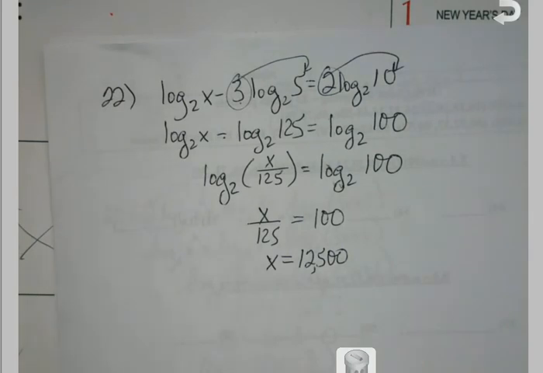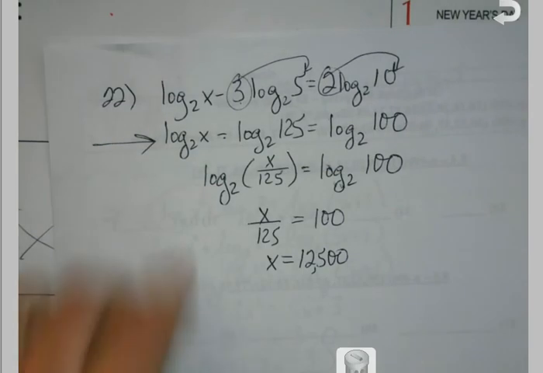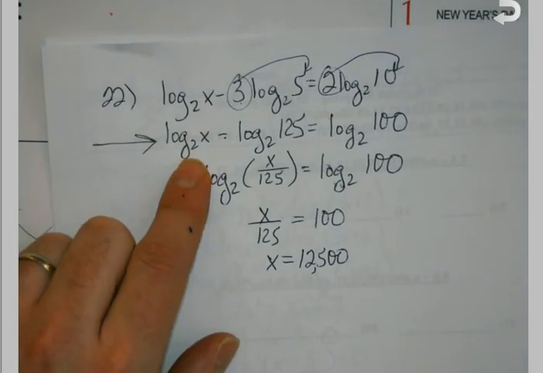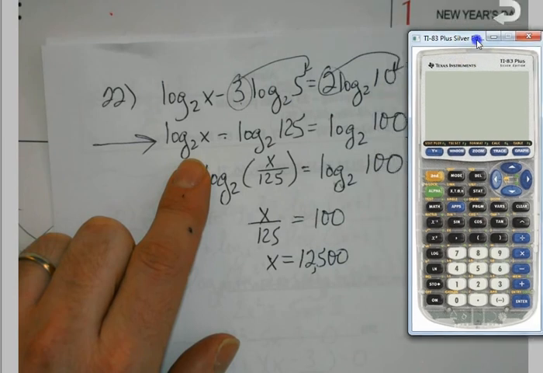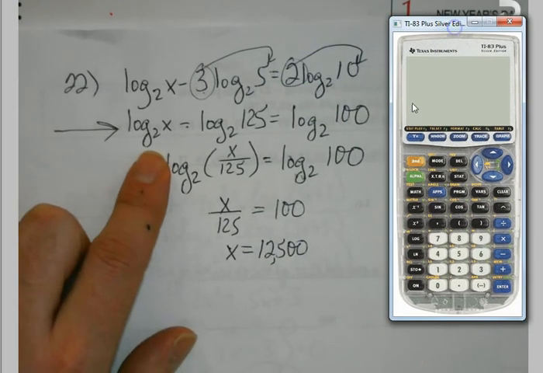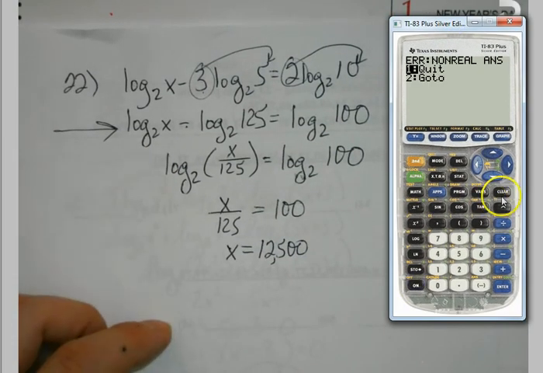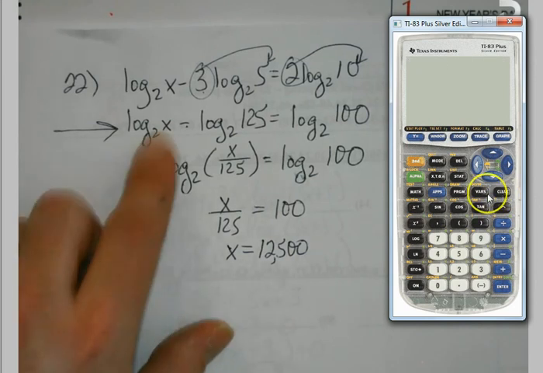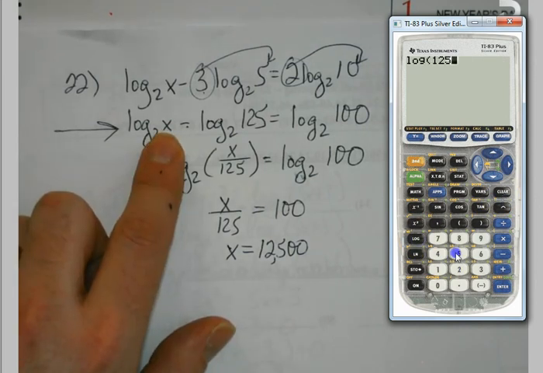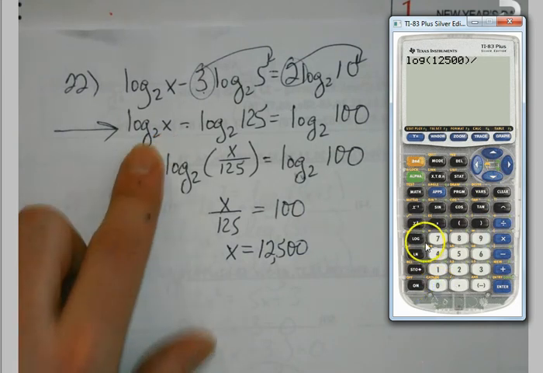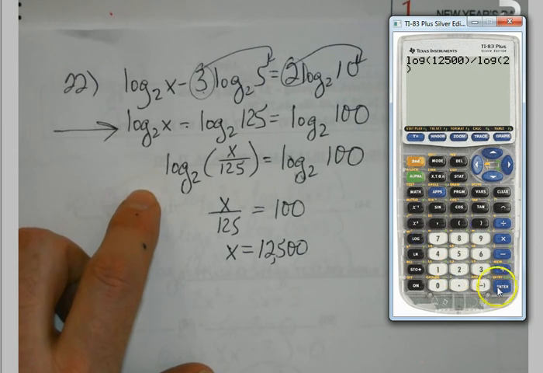So this is one, if I wanted to check it, because I'm like, well, it's definitely positive. How would I check it? I normally would go to this value because it's going to be a little easier to type in. And I'm going to use my change of base to see how nicely this comes out. So again, remember, when we're doing change of base, if I plug this in, I'd have the log of 12,500 divided by the log of its base, and I'm going to do each of these separately.